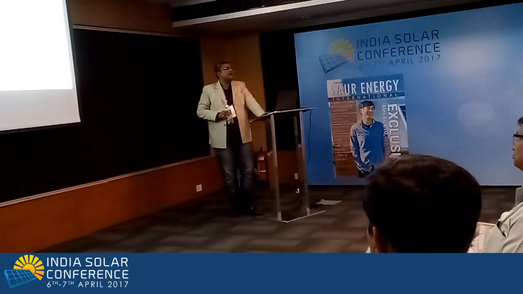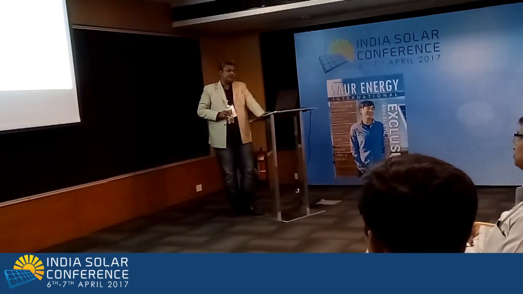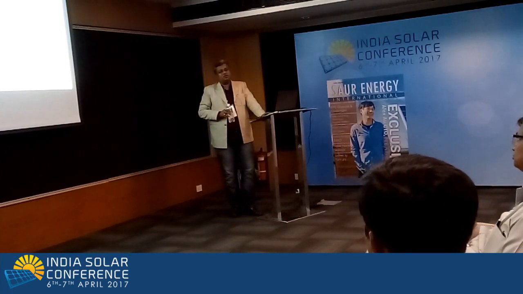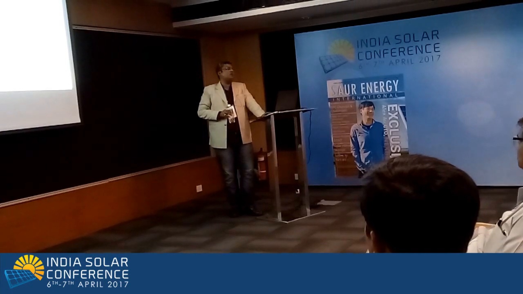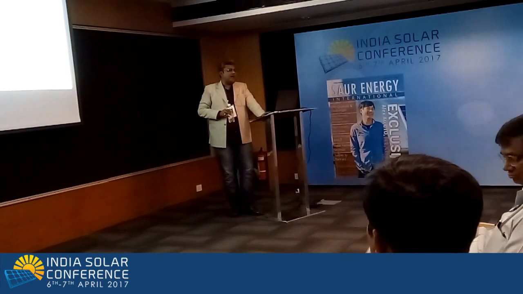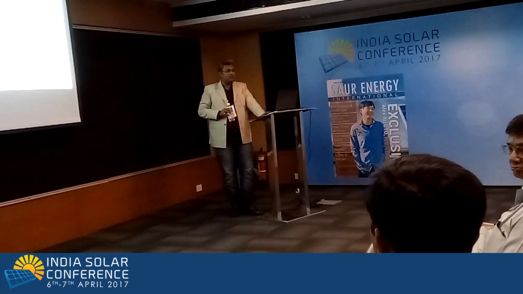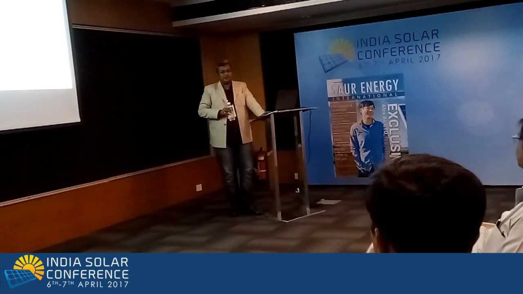We believe in one very simple sense: all models are wrong, but some are useful, and we make useful models. Nobody can forecast with 100% accuracy in wind as well as solar.